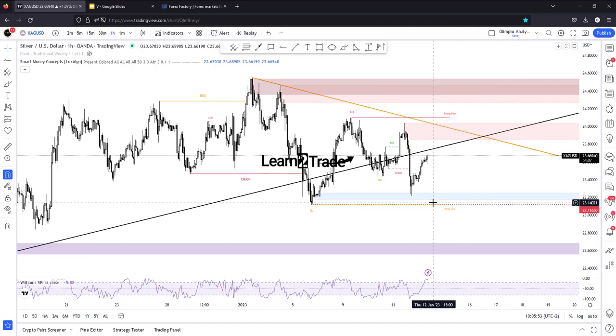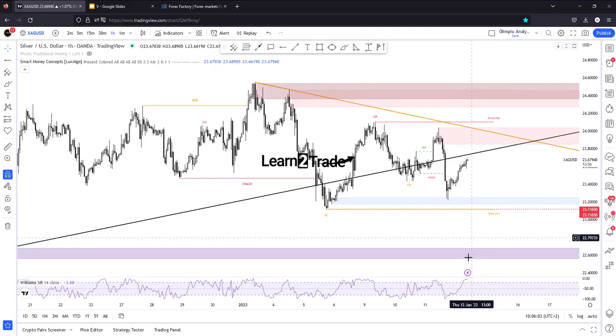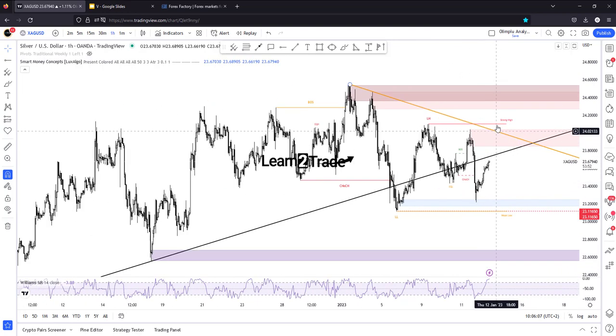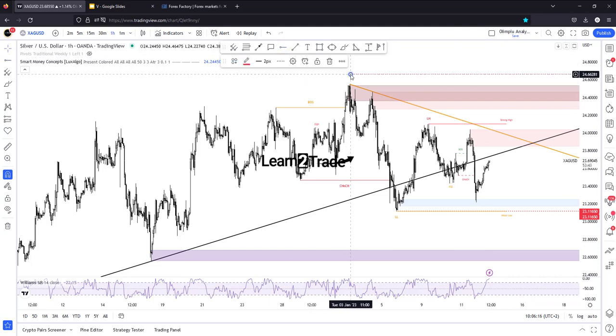But after failing to approach and reach the former low here, and taking out the resistance levels, but right now it's premature to talk about this scenario, but taking out the resistance levels and making a new higher high could signal potential for growth towards this supply, towards the former higher high, former high here.